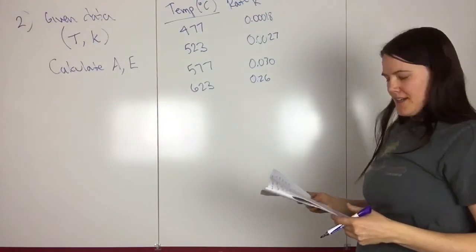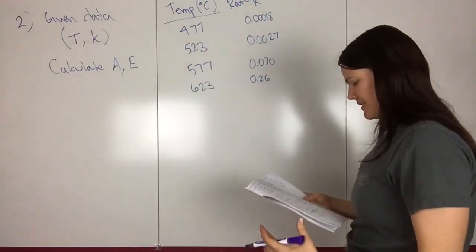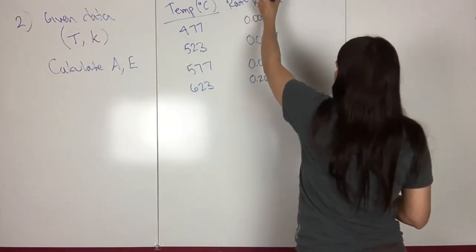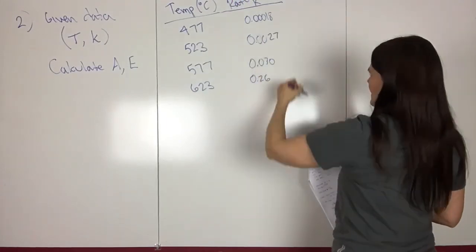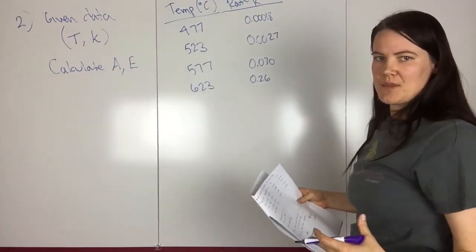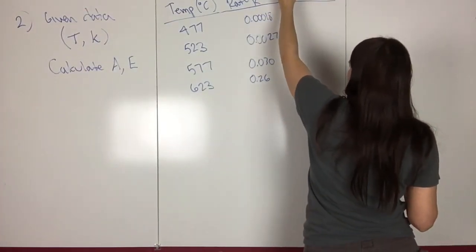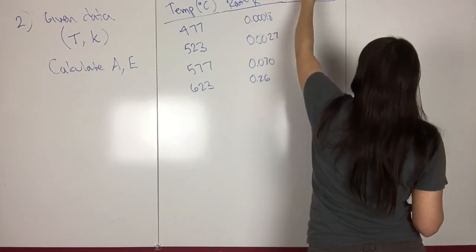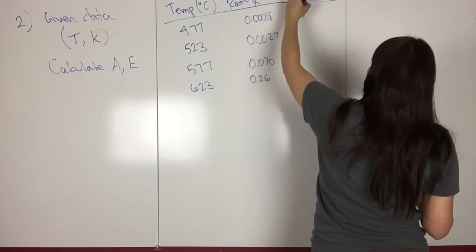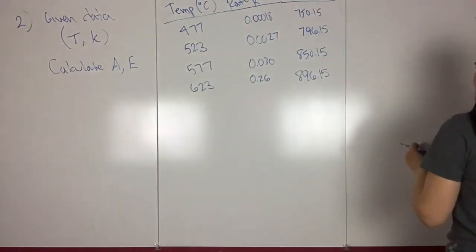So what we want to plot is the natural log of K versus 1 over T. So what I usually do with these is I just continue making a table with that information. And also the temperature needs to be in Kelvin. So let's convert the temperature to Kelvin. So that is 750.15.